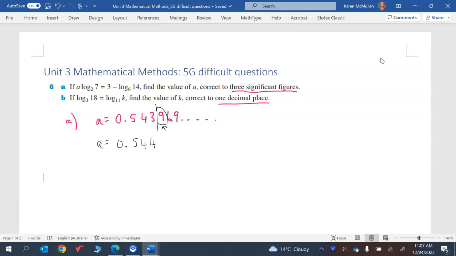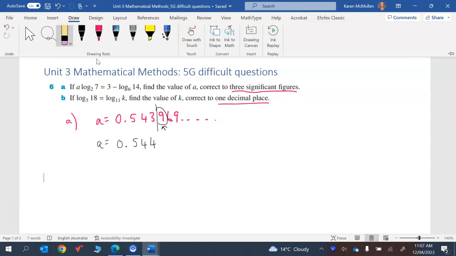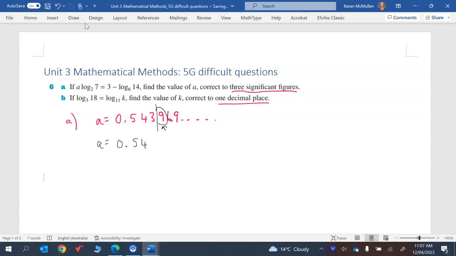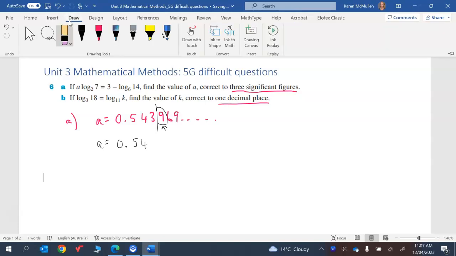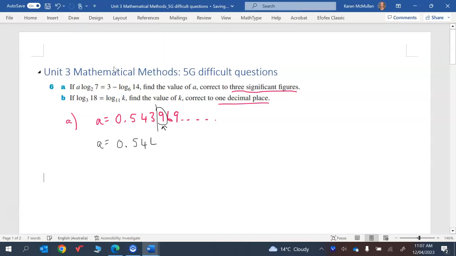So if I wrote what was in pink and then I incorrectly rounded that to, let's say, 0.54, because I thought, 3 significant figures, there's 3 figures there, done. Technically my answer, I didn't round it correctly, but my working is fine. And that's why it's also good in methods to show your working out. So let's put that 4 back there.